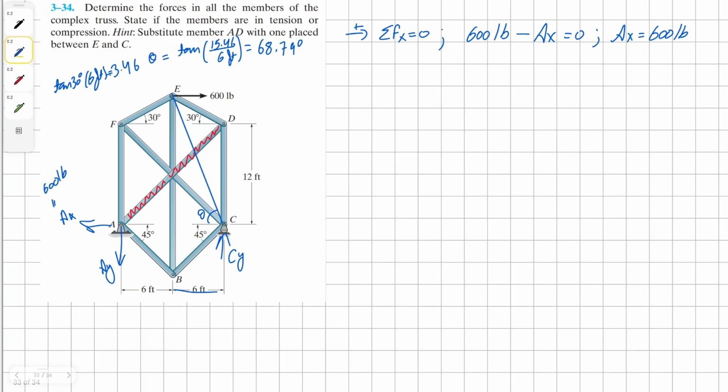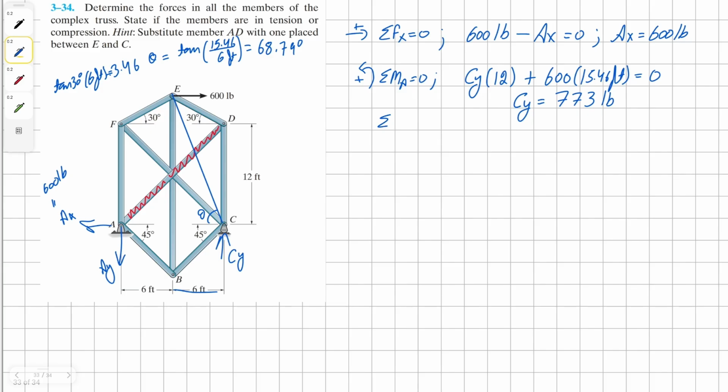Now we can take a moment about the point E in order to find our value for reaction force Cy. It's going to be Cy 12 feet away, counterclockwise, and then clockwise, 600 pounds, 15.46 feet away, all equals to 0. So for Cy, we get our solution as 733 pounds.